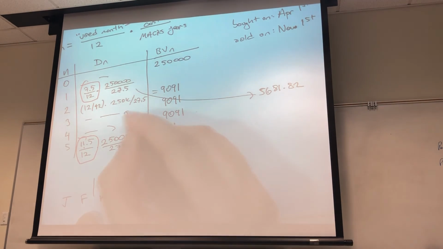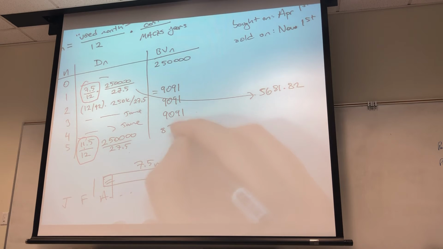Right? So we take all these numbers, this one, this one, this one, this one, and subtract it from the book value. Remember, this is all depreciation. The book value is a continuous thing. This is not the book value. Right?